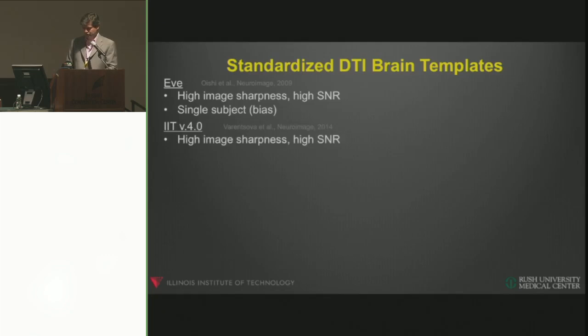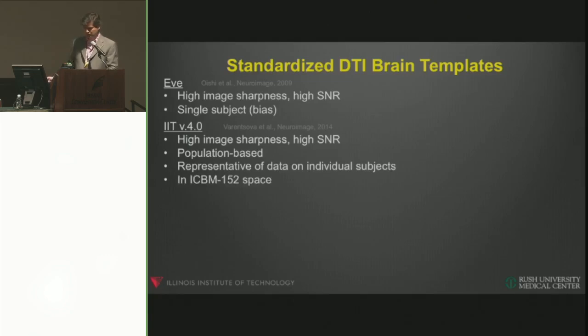The IIT version 4 has high image sharpness and high SNR similar to Eve, and it's a population-based template, which may be more representative of the general population. Also, the features that it has are very similar to the features seen in the single subject Eve template, which means that it's representative of the data of individual subjects. And it's also located in ICBM 152 space, which is convenient because it's a very popular space.